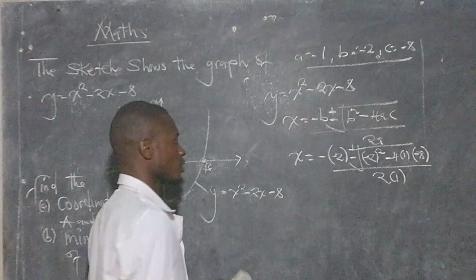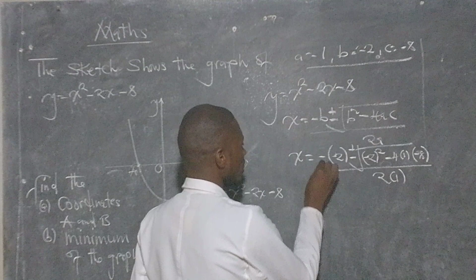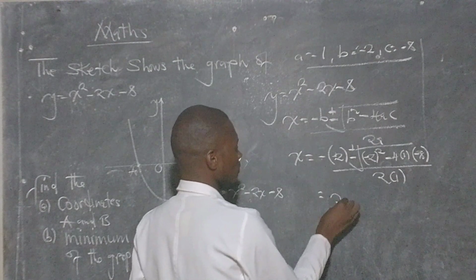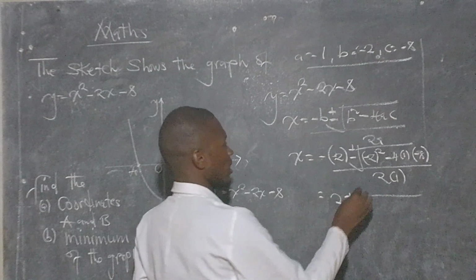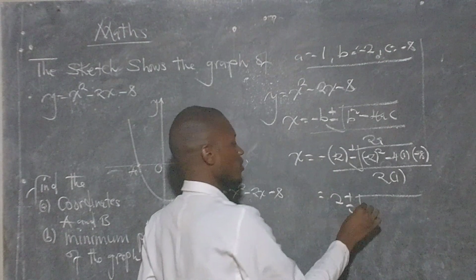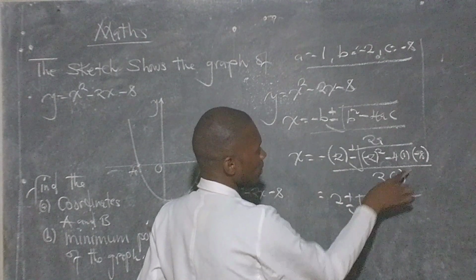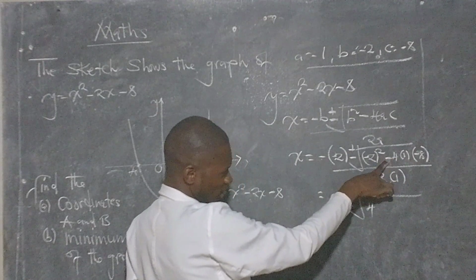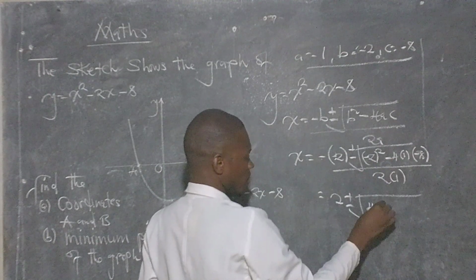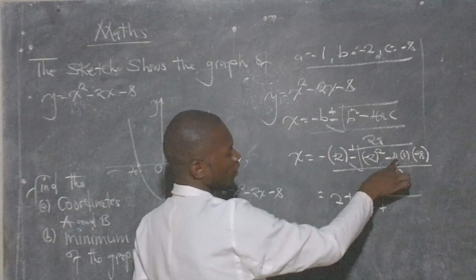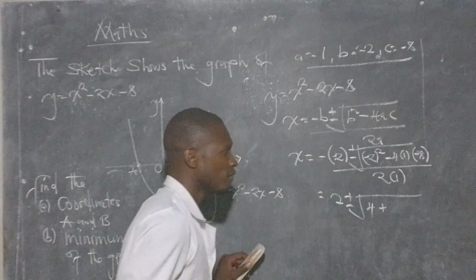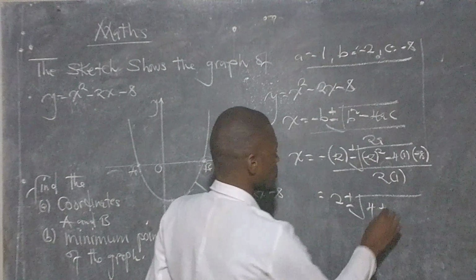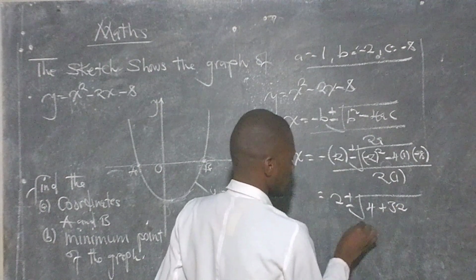Then from here we can now solve. Negative times negative gives us a positive, then positive or negative square root. When you square a negative number, you always get a positive number. This is negative, this is also negative, so negative and negative will give us a positive. Then 4 times 1 gives us 4, and 4 times 8 gives 32.